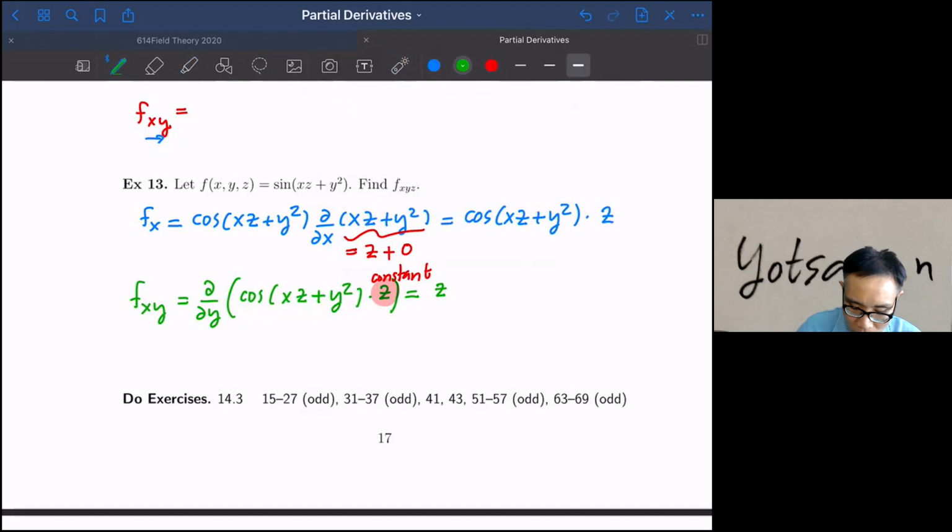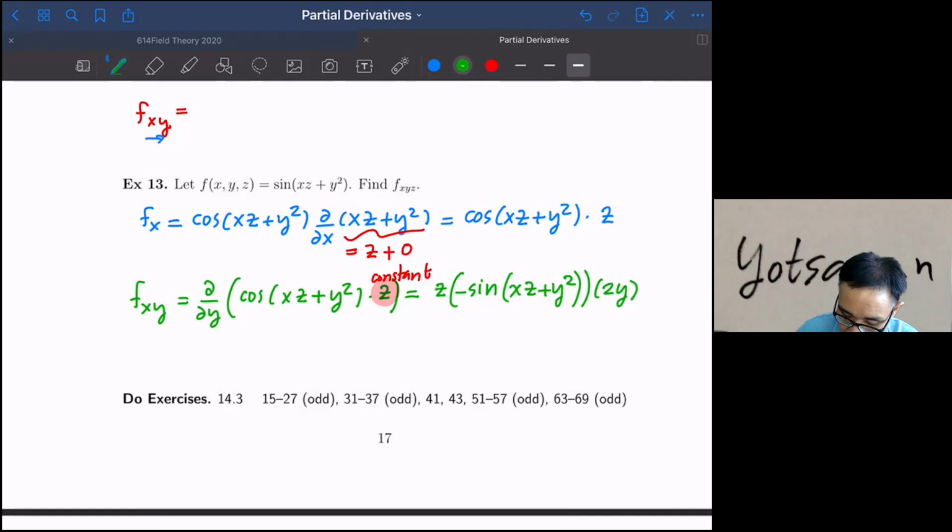The derivative of cos gives negative sin of xz plus y squared, and then you differentiate the inside with respect to y, so you get 2y.